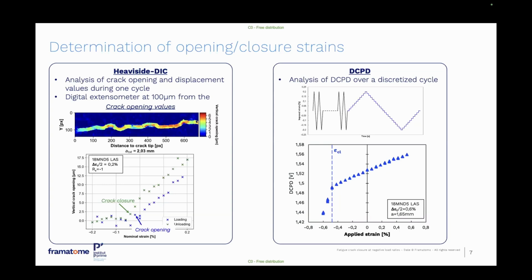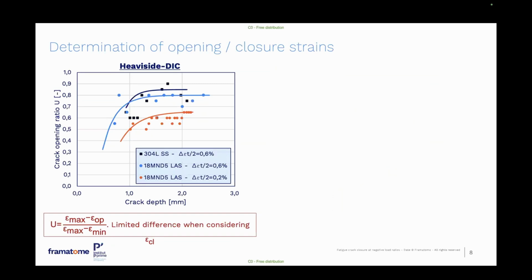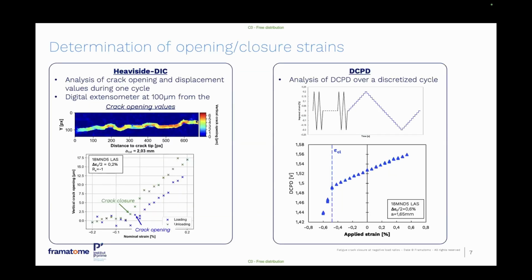And we also used the DCPD technique, which is basically used for crack length monitoring. Using the different steps, we can record the value of the potential drop as a function of the applied strain again, and we can clearly identify two regimes.